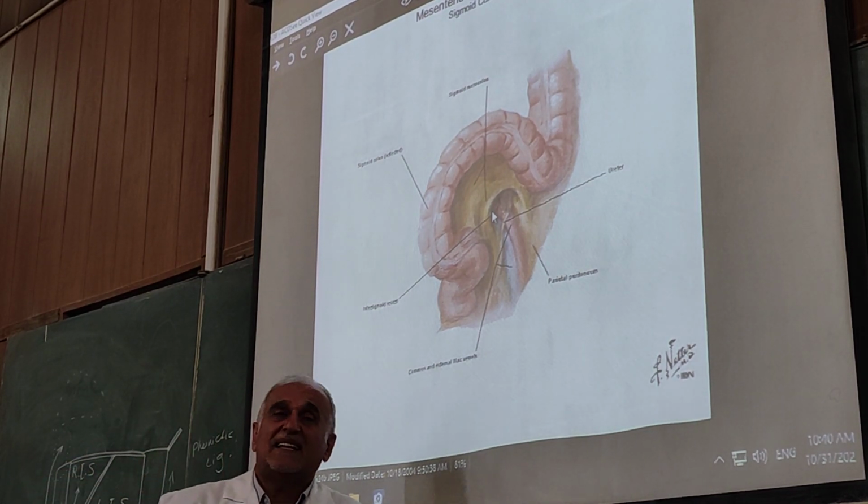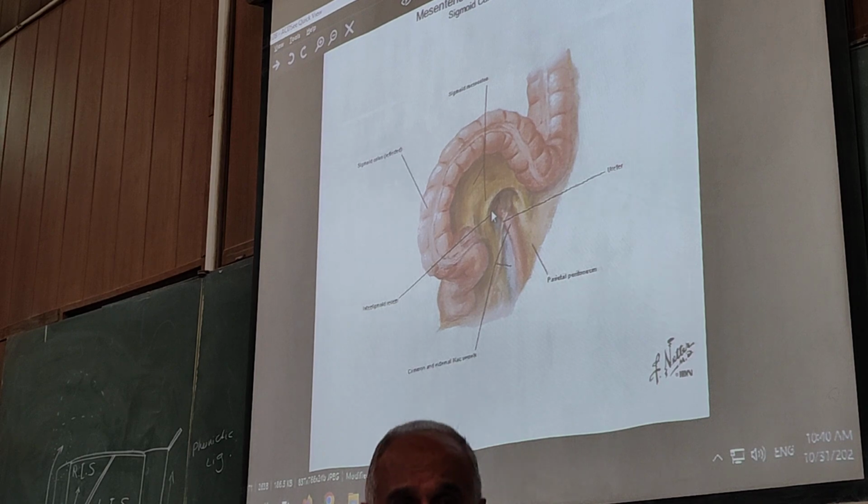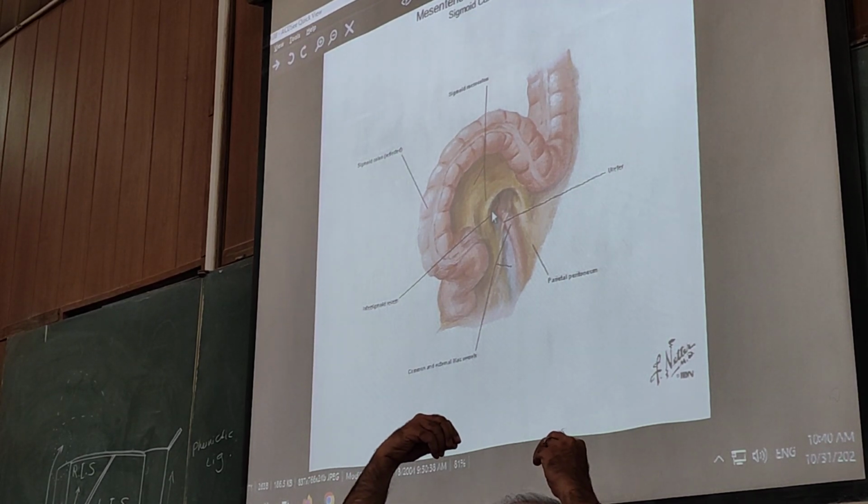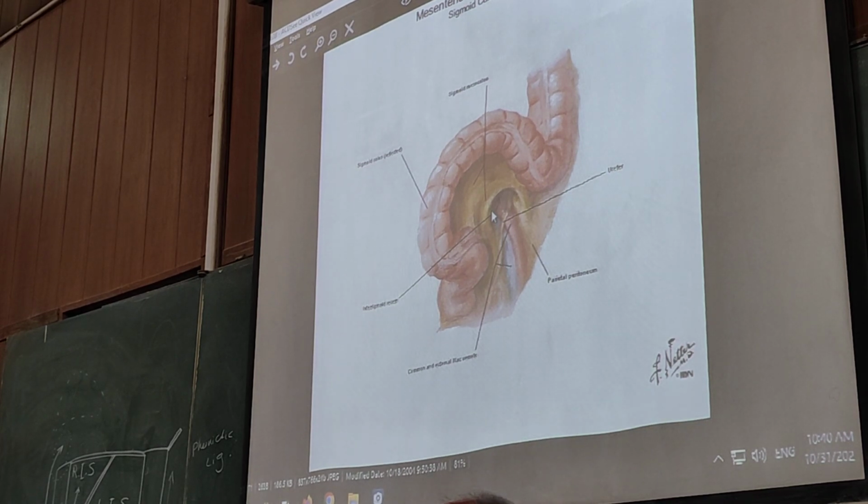Yes? The sigmoid is attached to the posterior wall like this. So, if I pull up between the junction of these two arms, we can find a recess. Look here, this is a recess.